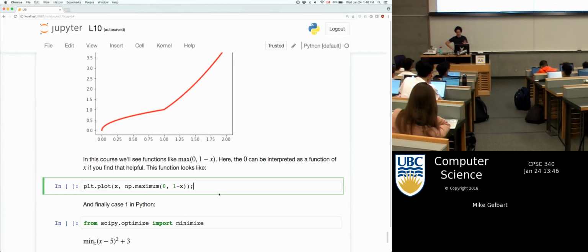So maybe just take 1 minute to think in your head, what's that going to look like? The max of 0 and 1 minus x. Or even max of 0 and x, if that's easier for you to think about. Let's do that.